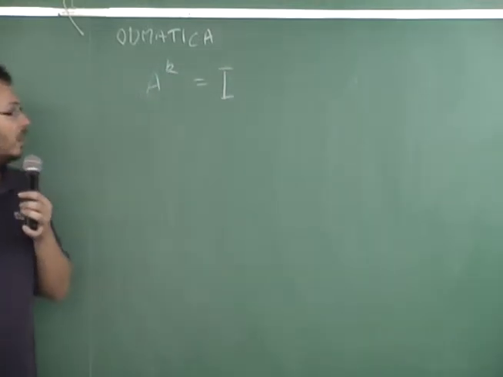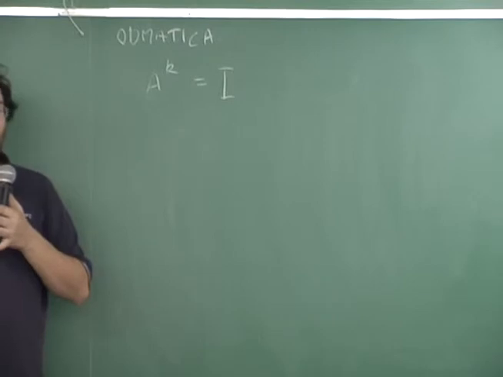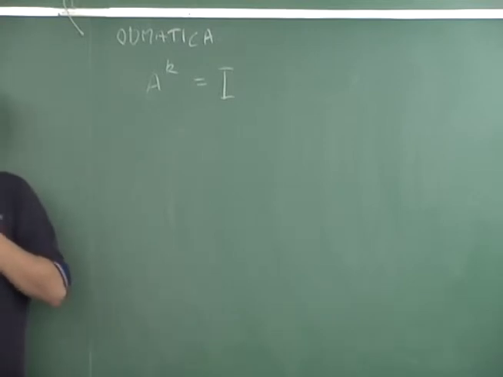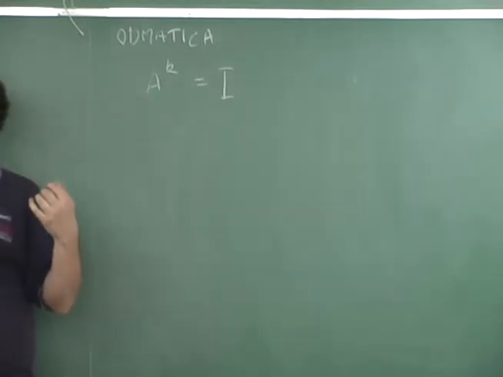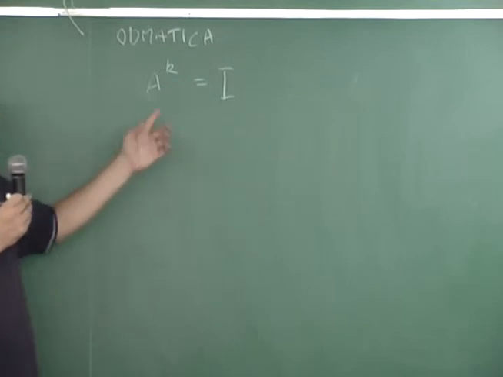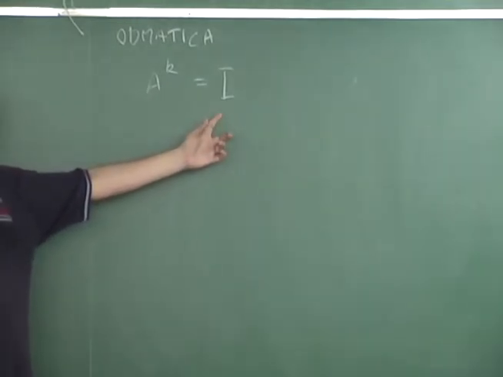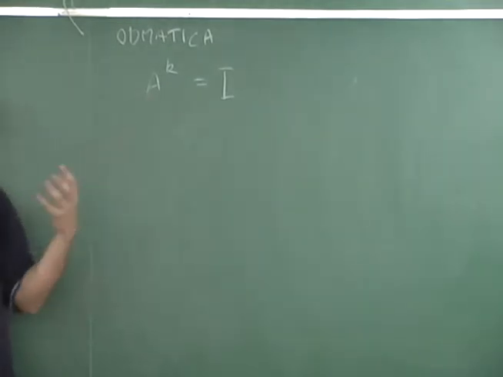Now the trick here is to remember something from your geometry, and maybe linear algebra. Each such matrix, well, first of all, in order for this equation to hold, the matrix A has to be regular.